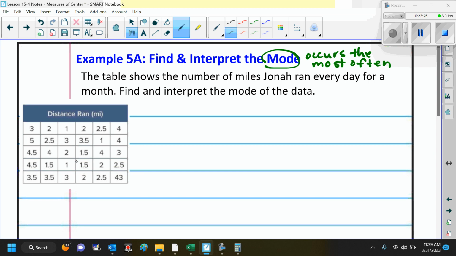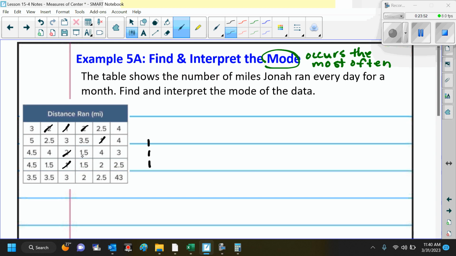So the lowest number is 1, right? So there's 1, 2, 3. So 3 ones like that. Now we've got 2s.